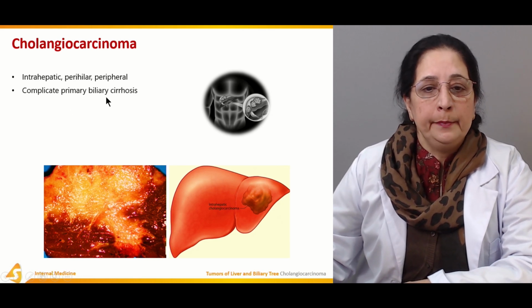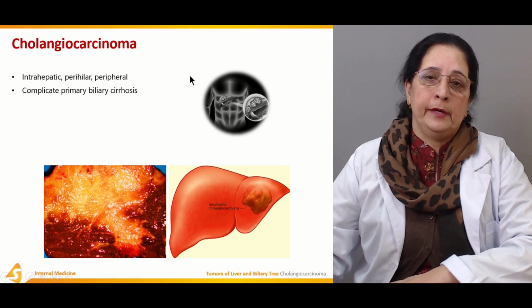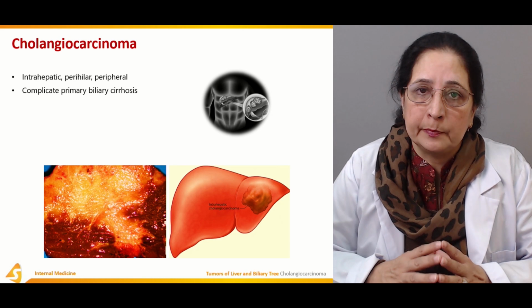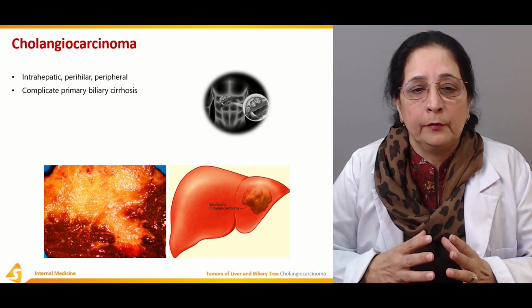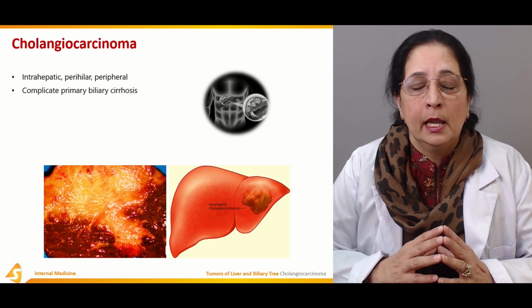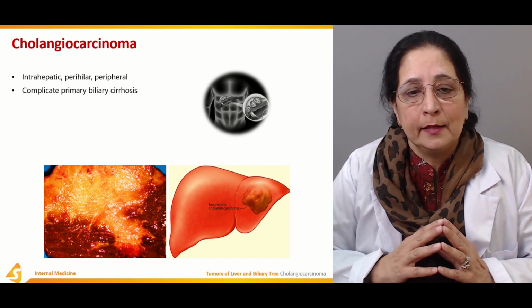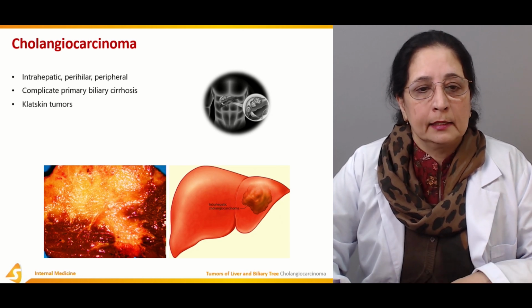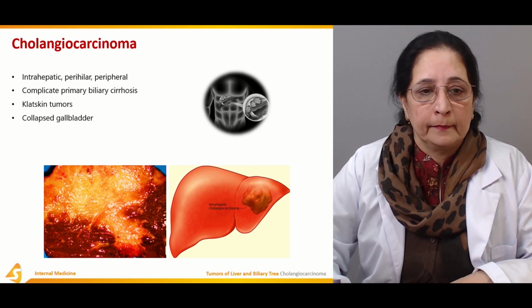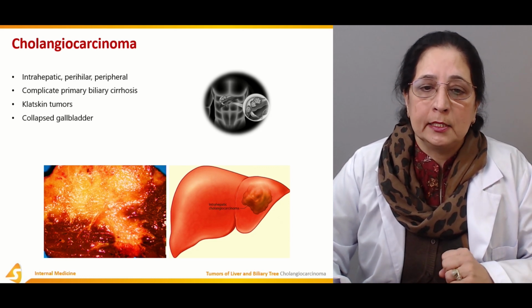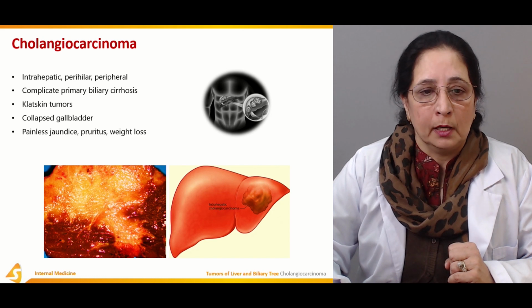If primary biliary cirrhosis is present, this type of cholangiocarcinoma further complicates the primary biliary cirrhosis. It's a Klatskin's tumor. A collapsed gallbladder is present if there is cholangiocarcinoma.